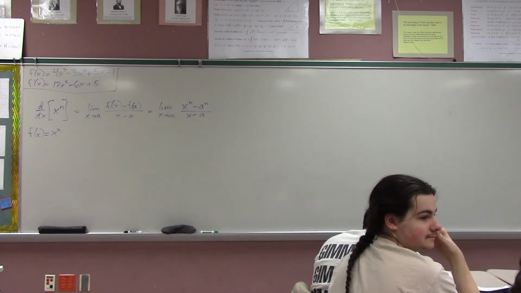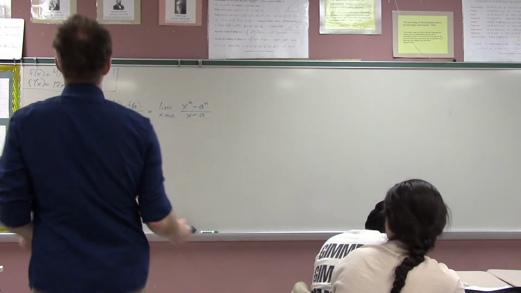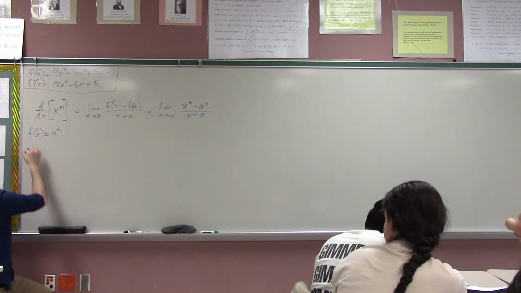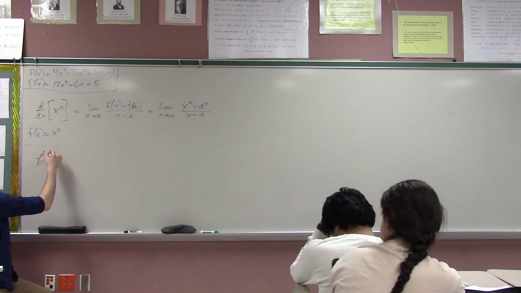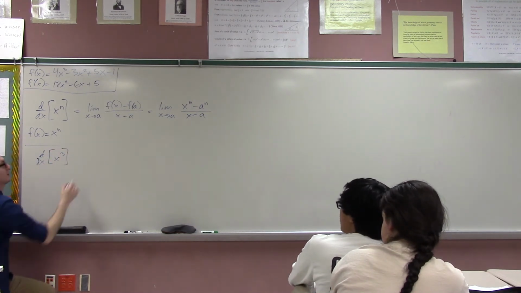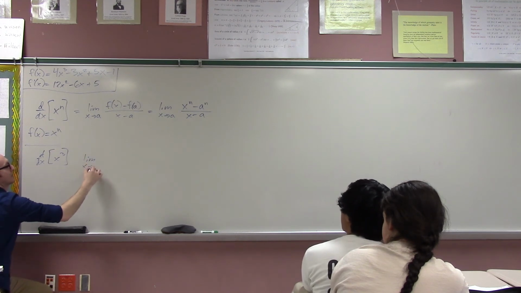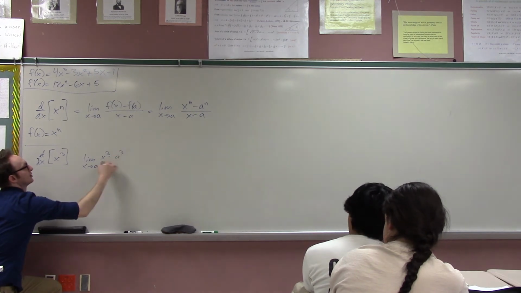I mean, some stuff like this has come up before, right? Remember, very recently, like maybe last night's homework practically, I asked you to take the derivative of x cubed or something, right? And how did we do that? We said that this was the limit as x goes to a of x cubed minus a cubed over x minus a.